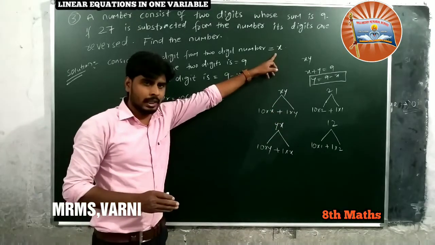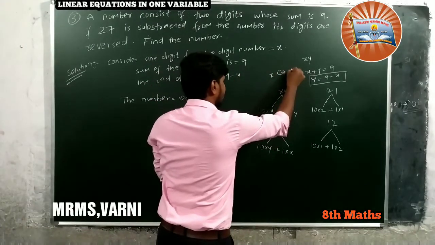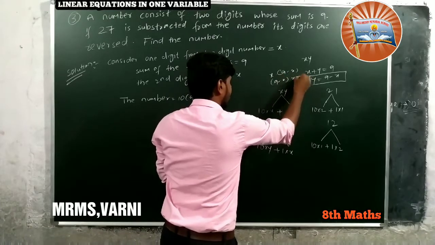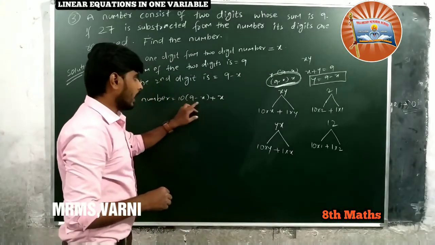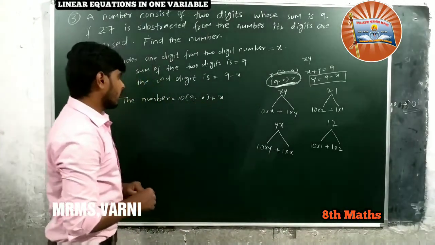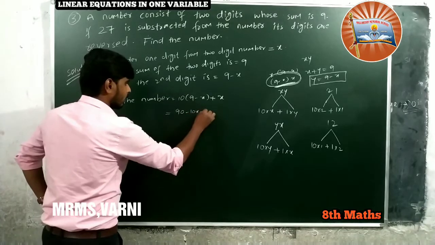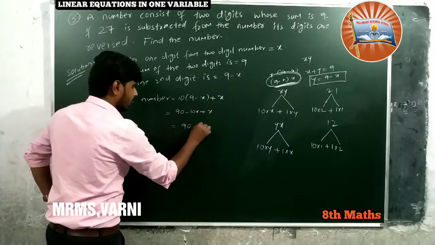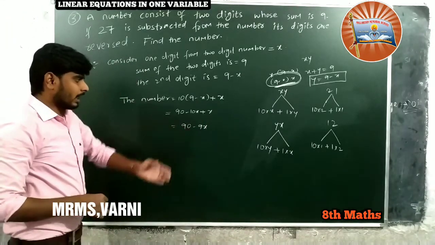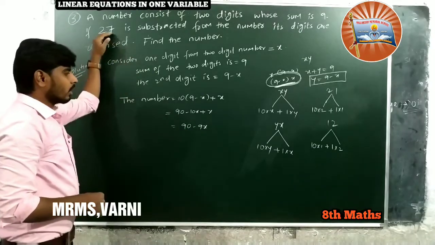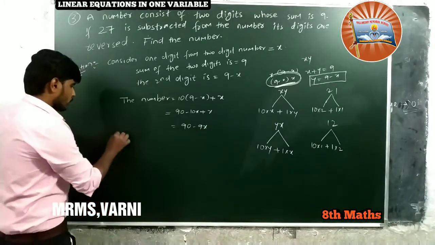Similarly, one digit is x and another digit is 9 minus x, so this could be written as 10 into 9 minus x plus x. So it is nothing but 90 minus 10x plus x, that is 90 minus 9x. If we subtract 27 from this, we get 90 minus 9x minus 27.